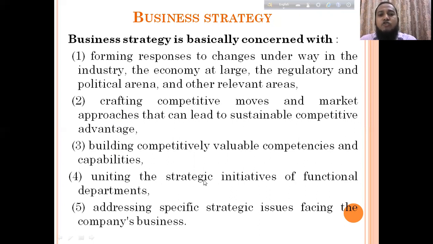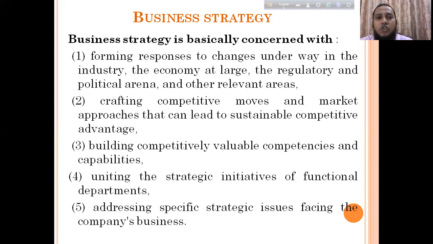Moreover, business strategy unites the strategic initiatives of functional departments in a business organization. Specifically, in business there are many functional departments like the marketing department, production department, finance department, accounting department, HR department, research and development department, and so on.